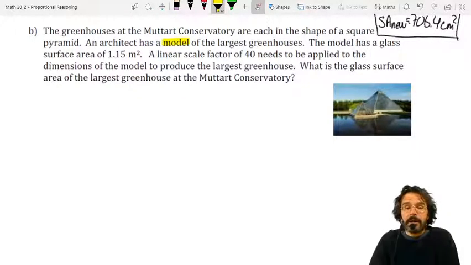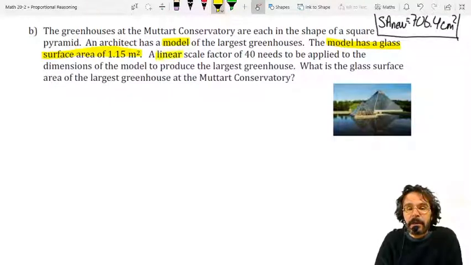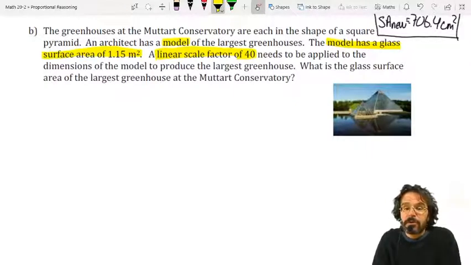The model has a glass surface area of 1.15 square meters. A linear scale factor of 40 needs to be applied to the dimensions of the model to produce the largest greenhouse. What is the glass surface area of the largest greenhouse at the Murtagh Conservatory?